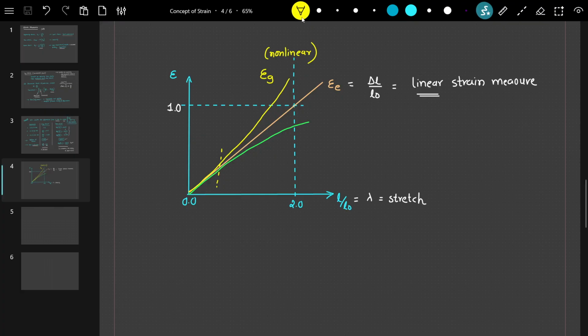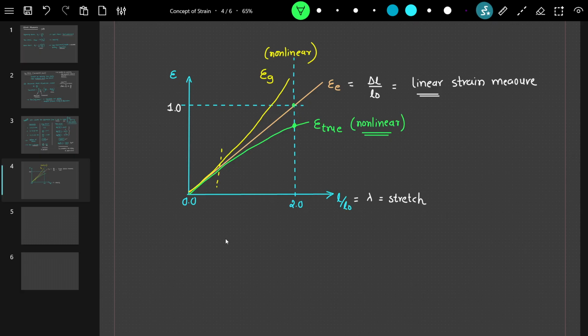And this is the true strain, or logarithmic strain. This is also a non-linear strain measure, which is appropriate for plasticity problems. So this is how it looks. For a particular stretch, from 1 to 2 mm, we can see the true strain reports lower strains, whereas Green strain reports the highest strains, and the linear strain measure is somewhere in between.